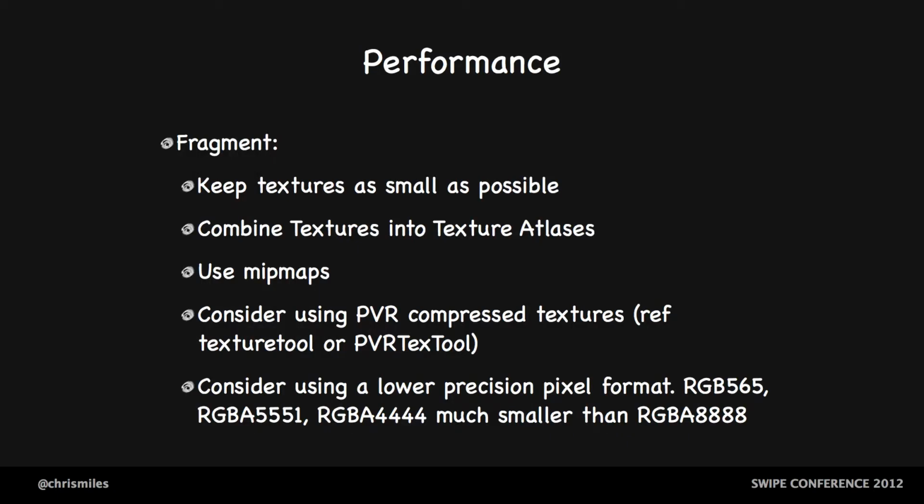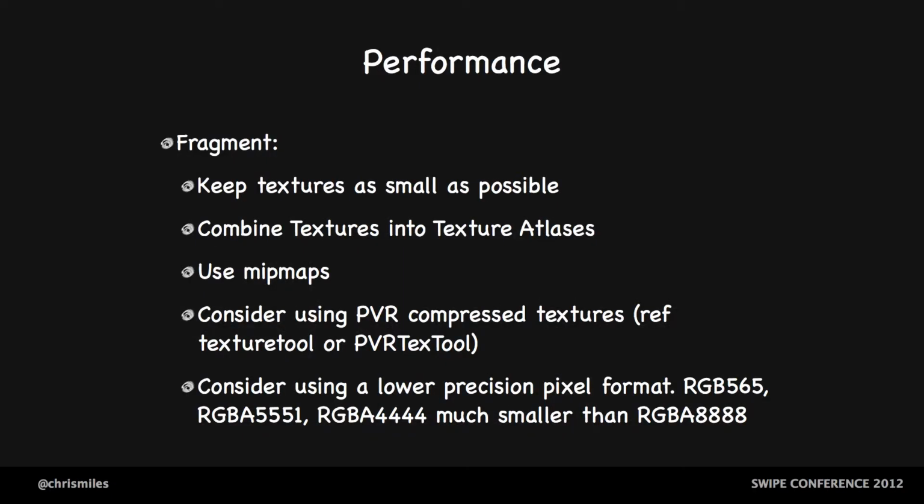Using mipmaps, like I talked about earlier, to generate scaled down images of a texture so that when it's drawing small versions of it, it only has to pull in the small version of that particular texture and save on memory bandwidth. Also consider using PVR compressed textures. So specific to our PowerVR GPUs, the GPU manufacturer recommends a certain format of textures called PVR.